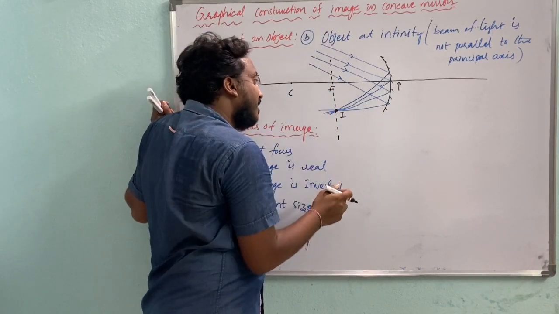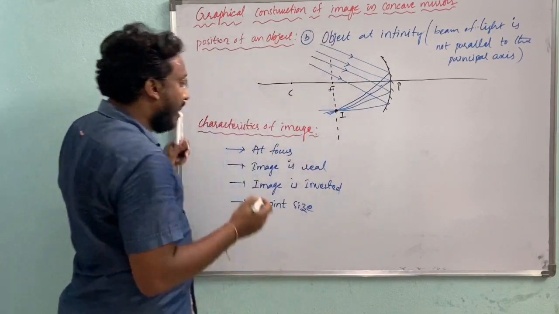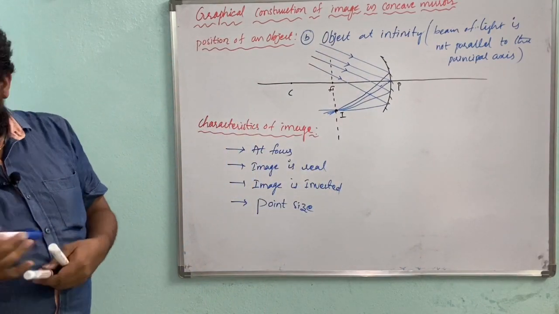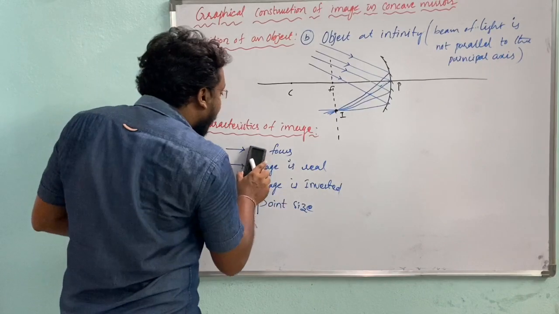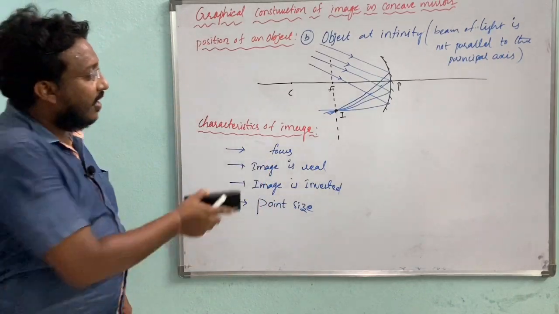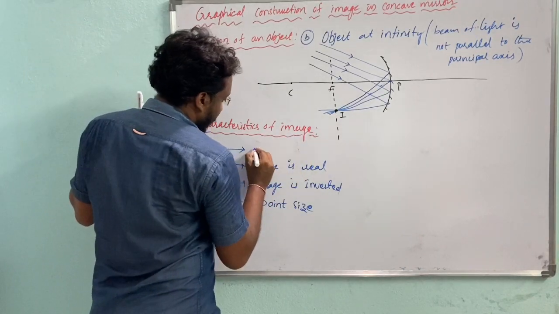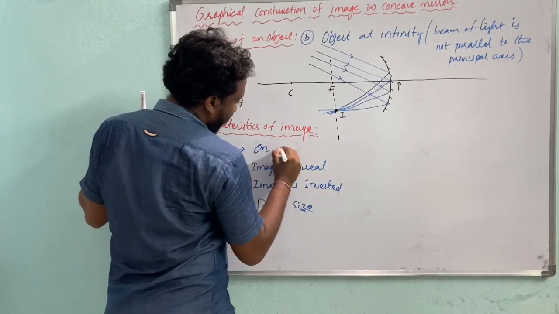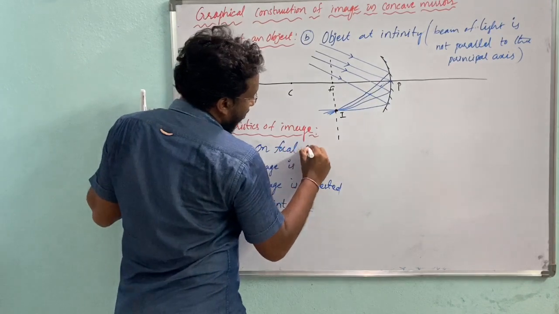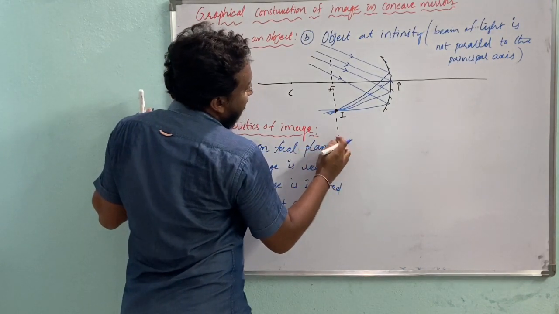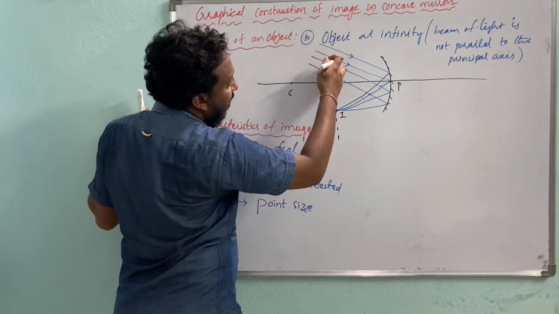So here the position of the image is formed on the focal plane. This total is called the focal plane.